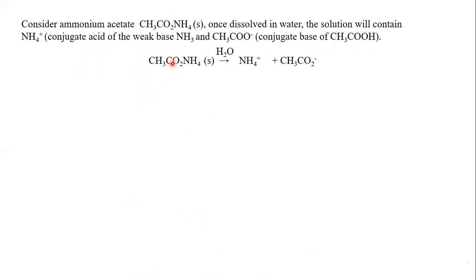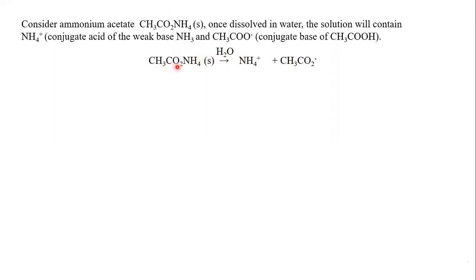Another type of salt, when it splits up, will give me a cation which is reactive with water, and an anion which is reactive with water, and that both together will act as an ampholyte, and I will show you why.